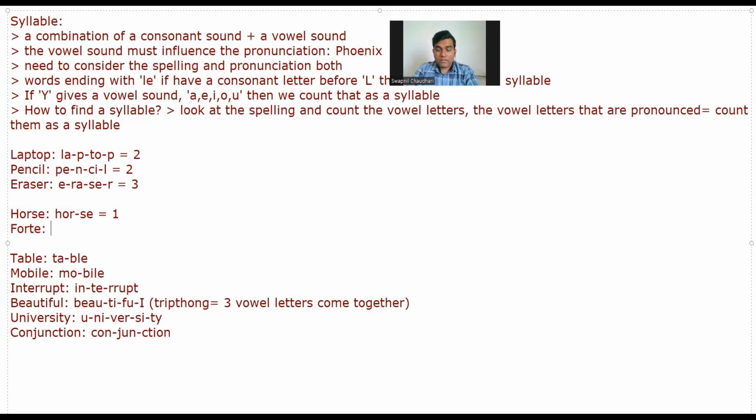Our first vowel letter O is pronounced, for, and then our second vowel letter E is also pronounced, te. So in this word, we have for, te, forte. So we have 2 syllables, right? So you need to check the spelling, and also you need to check the pronunciation to count the syllables.